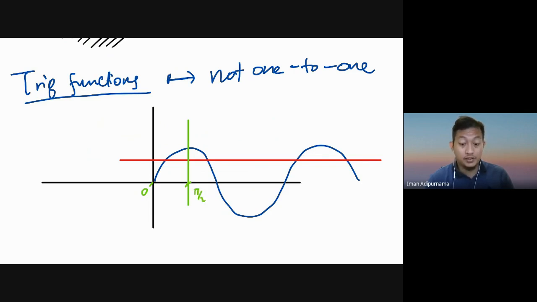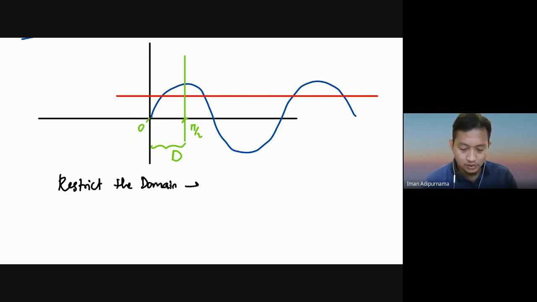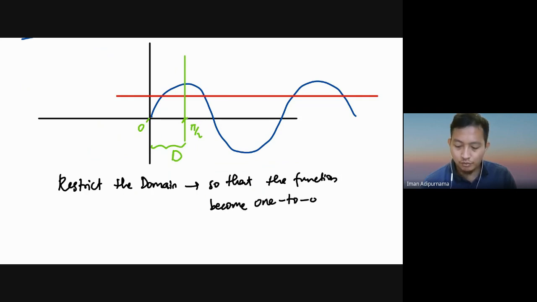And we can see that just this domain here, the function will be one to one. So we can restrict the domain so that the function becomes one to one.